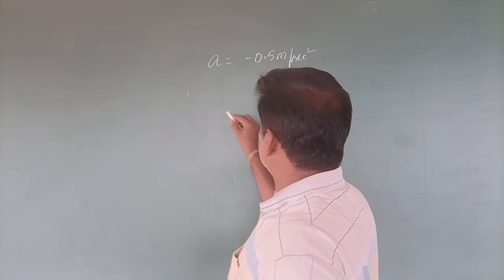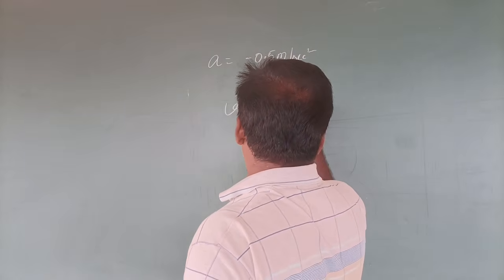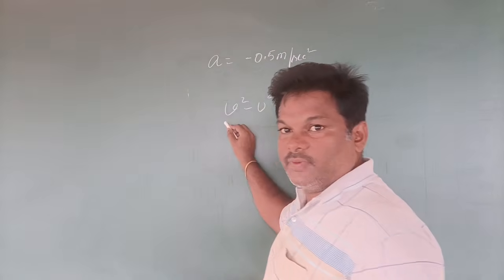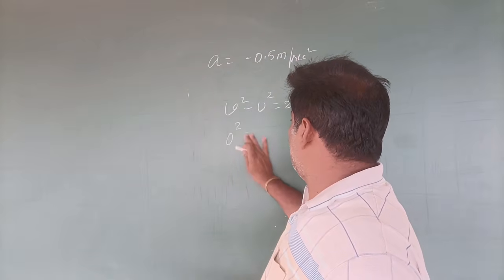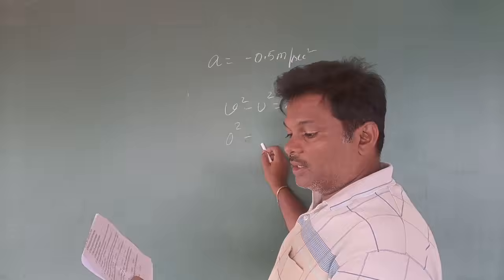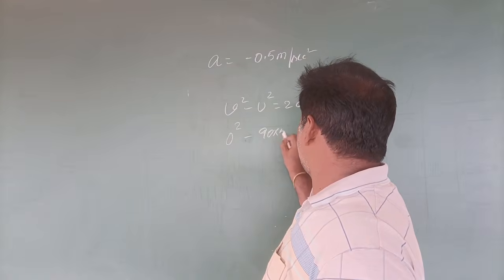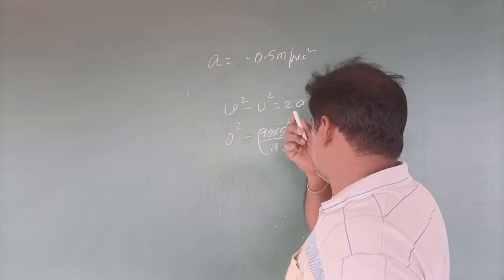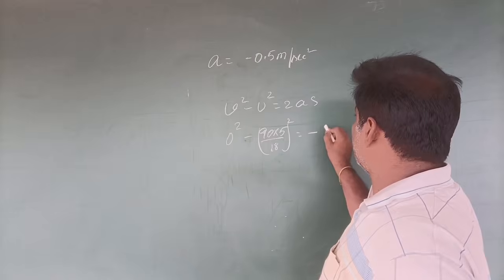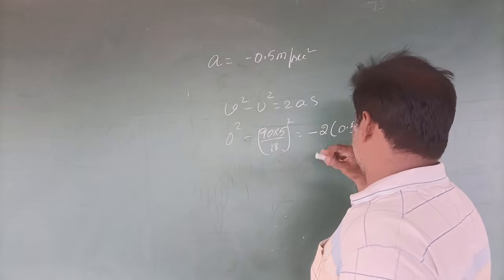Like these problems, we need to use the formula v square minus u square is equal to 2as. You are given that the final velocity is equal to 0, and the initial velocity is 90 km per hour. So how to convert 90? Into 5 by 18. This is squared, that is equal to, since it is under deceleration, 2 into minus 0.5 into s.